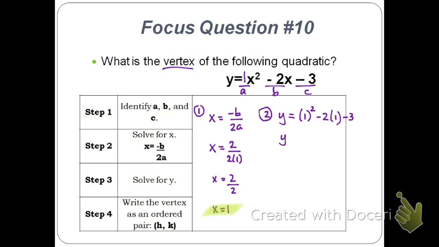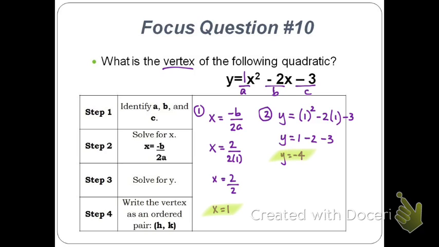Now I know 1 squared is 1, always. Then if we take -2 times 1, we get -2, and -3. 1 minus 2 is -1, minus 3 is -4.